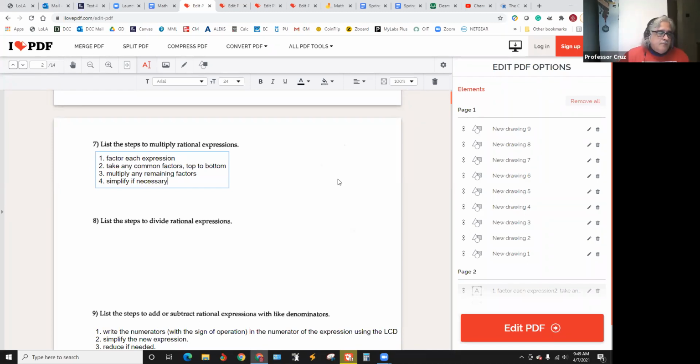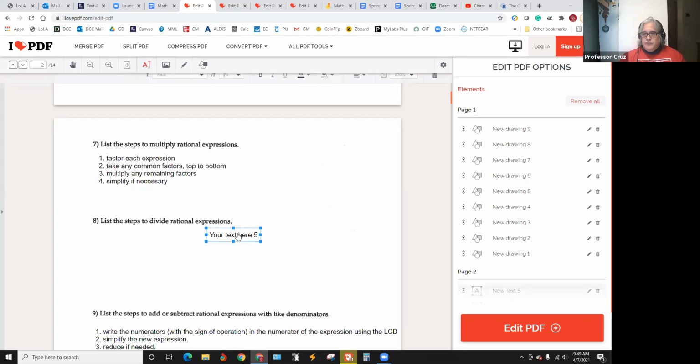Usually when you do step 2, it takes care of 3 and 4 for the most part. Now the only thing we're going to do here for division is remember, what's the difference between multiplication and division? Division is multiplication by the reciprocal.